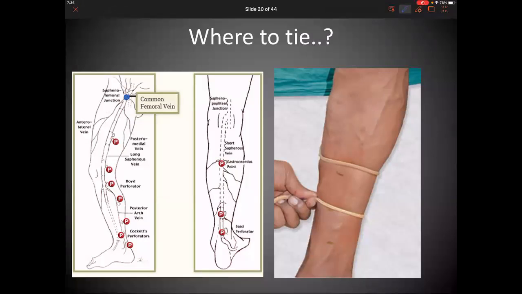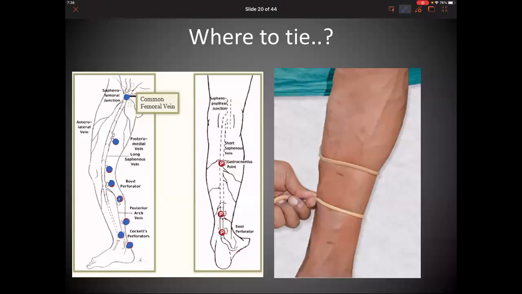Now, there are perforators, which we have talked about. We are not going to talk about the perforators anymore, but in this picture, there is one important point to remember. How to know that perforators are incompetent?